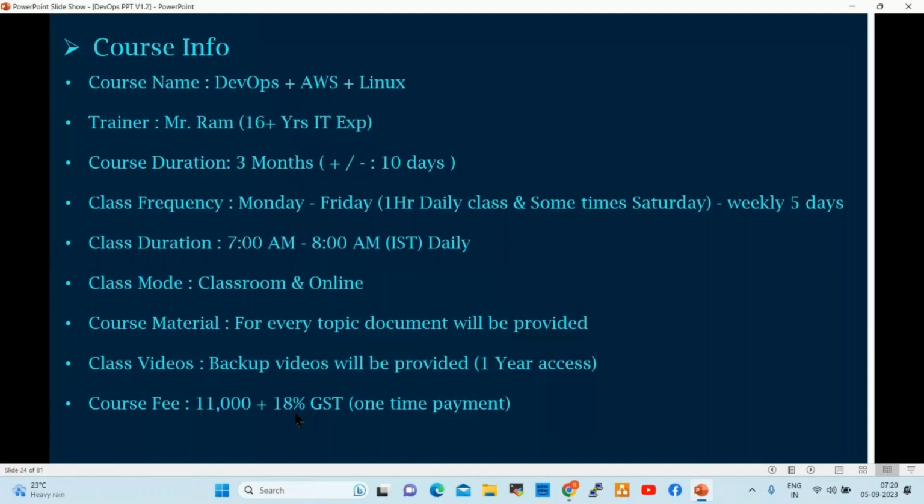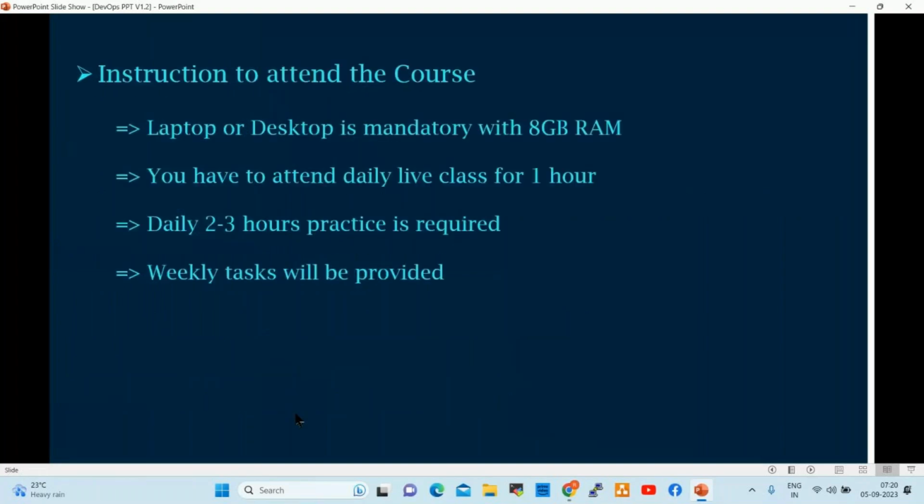Next one, instructions to attend this course, right? You require a laptop or desktop, which is mandatory, with 8 GB RAM. Any brand, any CPU, i3, i5, anything, but 8 GB RAM is required, because when we work on Kubernetes, Jenkins, and the AWS platform, memory is required.